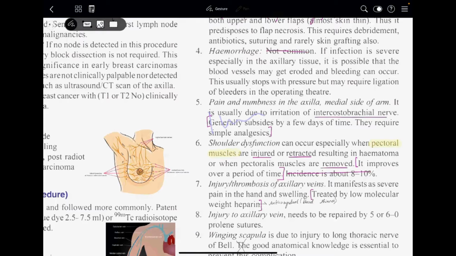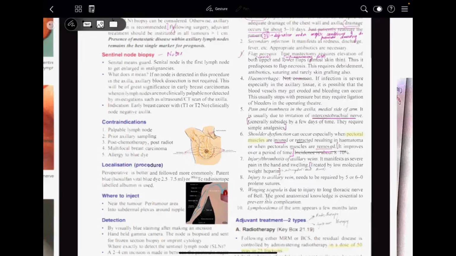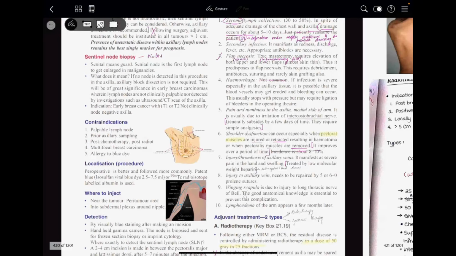Don't see the explanation, just imagine pain and numbness has everything got to do with nerves. So what is the nerve which is involved? Intercostobrachial nerve. This is very important. This is a question. So let us see where this intercostobrachial nerve is.